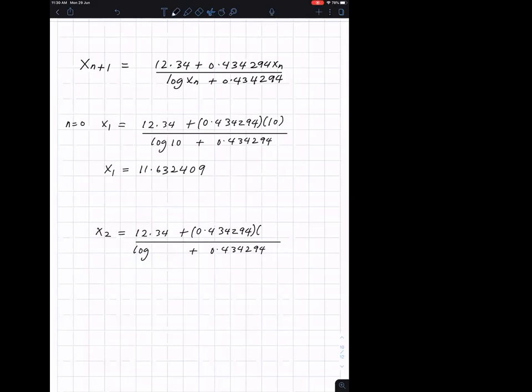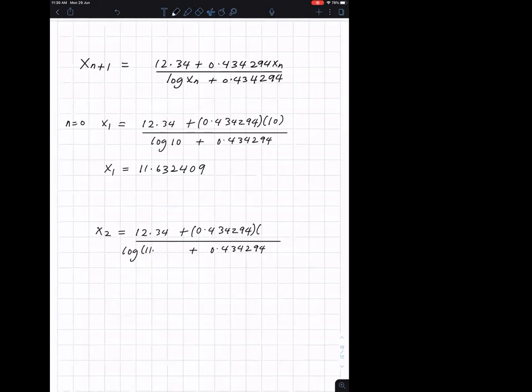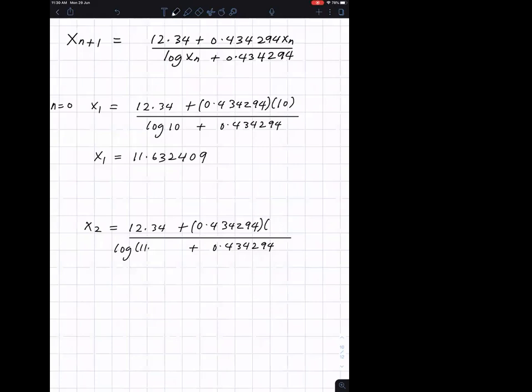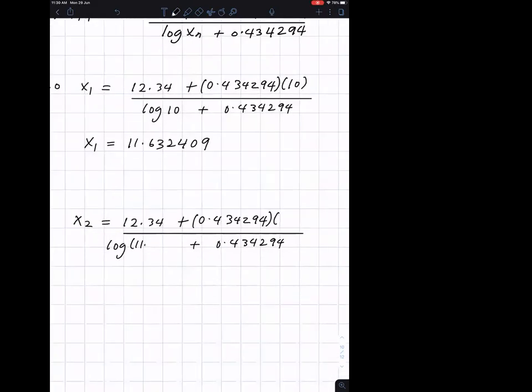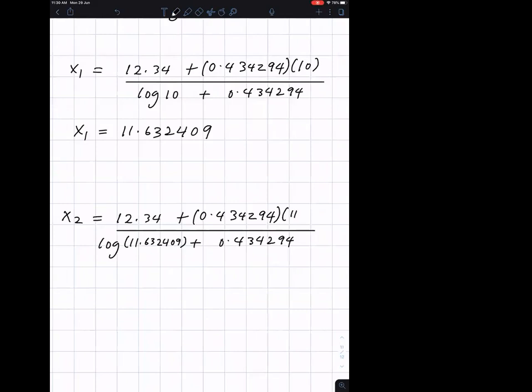It will be 11.63. The x1 that you just calculated, 11.632409.